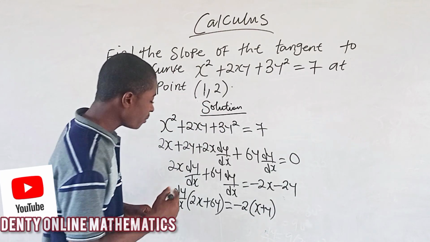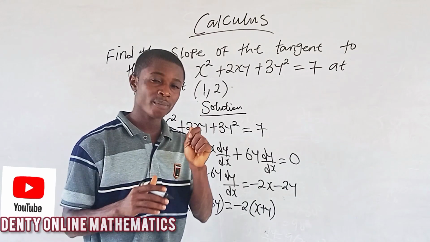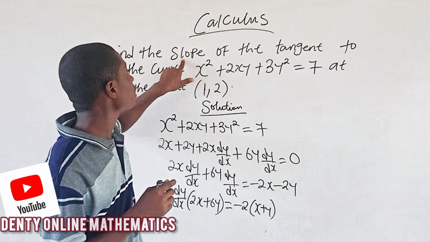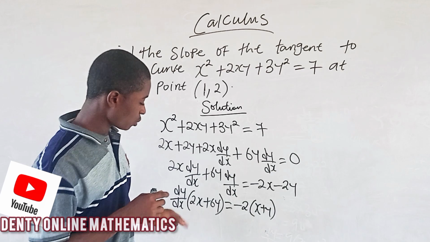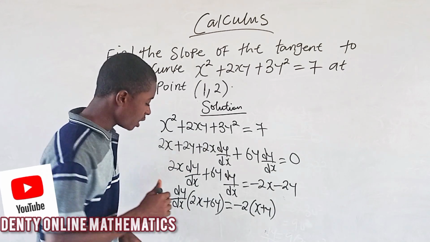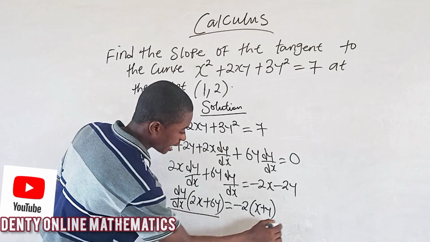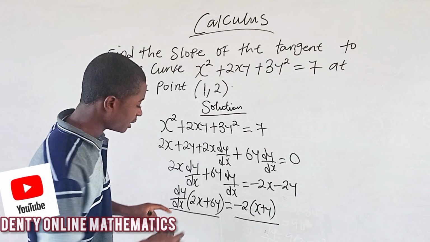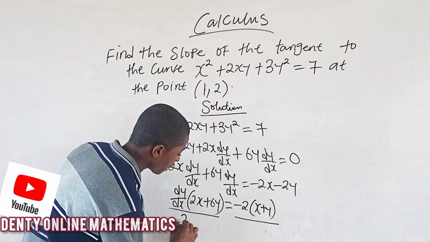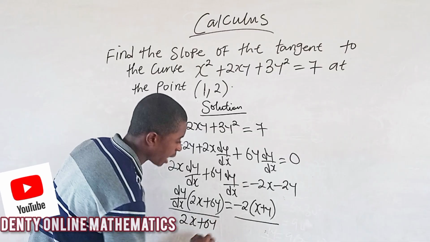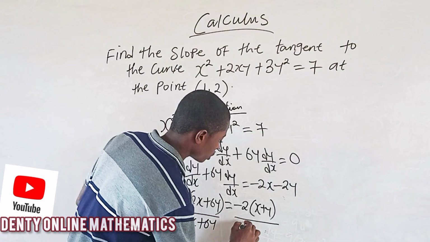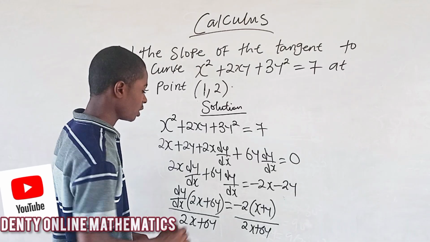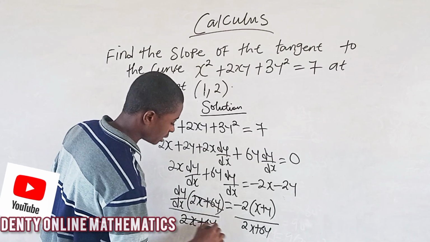Now, remember what we are looking for: dy dx, that's the slope. So to have this, we are going to divide both sides by the coefficient of dy dx, and this is the coefficient. So divide both sides by 2x plus 6y, so that this will cancel out this.